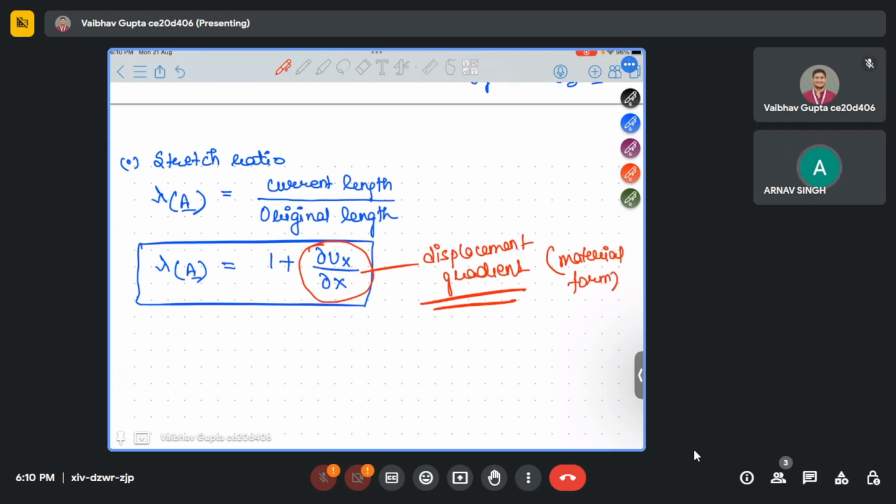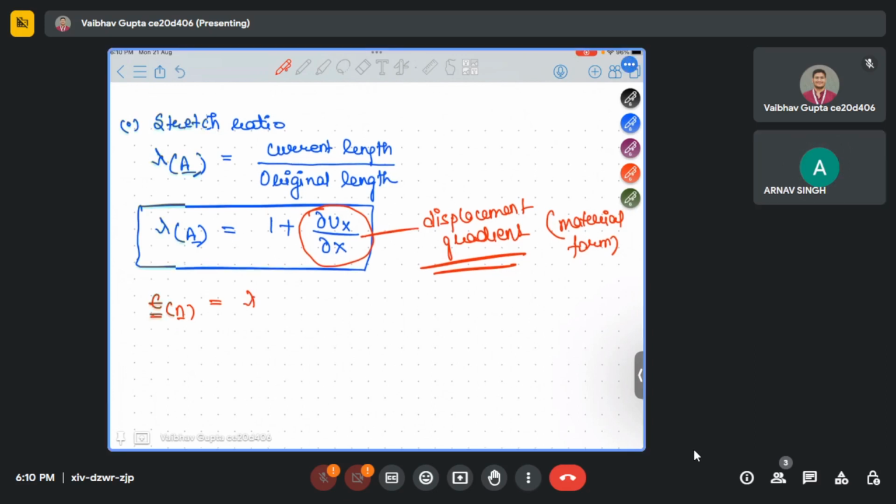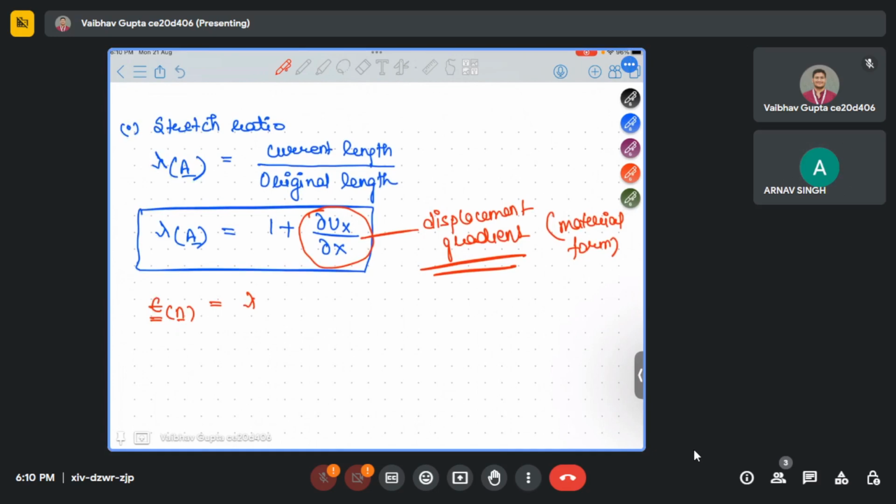And the strain is defined as epsilon, which is the change in length by original length. This is one of the types of strain.